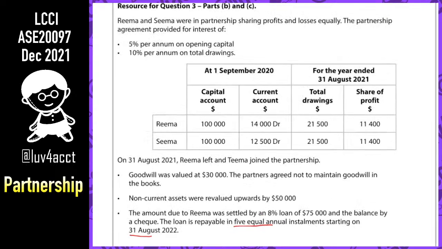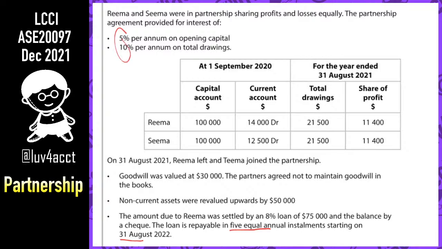So we can calculate one thing first, because we have 5% interest on opening capital and 10% on drawings. For the current year, you have 10,000 at 5%, that is 5,000 for interest on capital, and then 2,150 interest on drawings, total drawings.